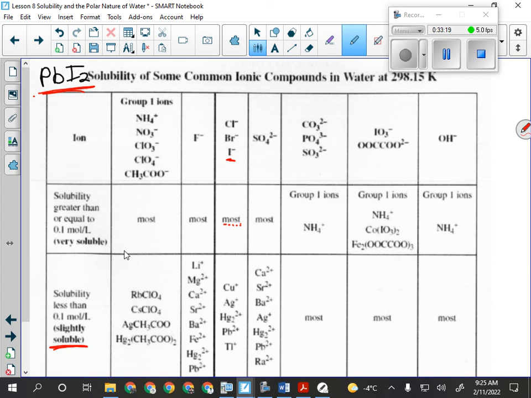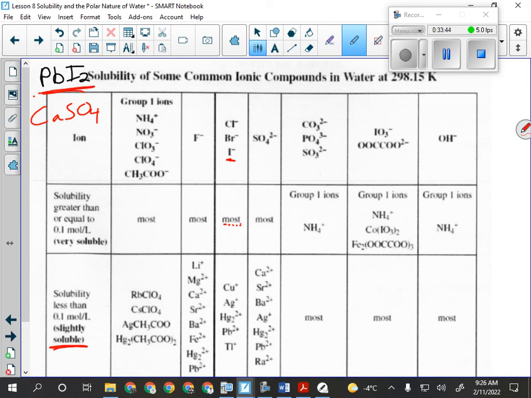Let's try calcium sulfate. Would that be soluble or not? Slightly soluble.